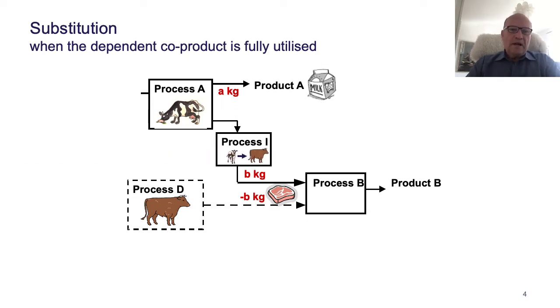The process I, the intermediate process, could also be called the recycling process because it deals with the treatment that is necessary for the dependent byproduct to be able to substitute at the point of substitution. In this case, this could, for example, be the raising of the calf to become a meat that is substitutable with the meat from the beef cattle.